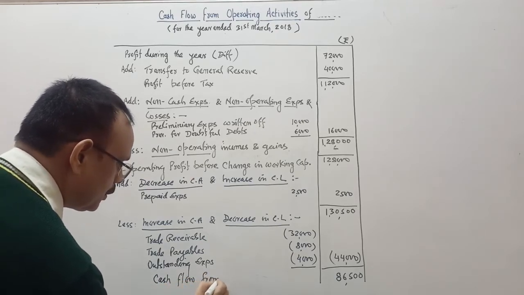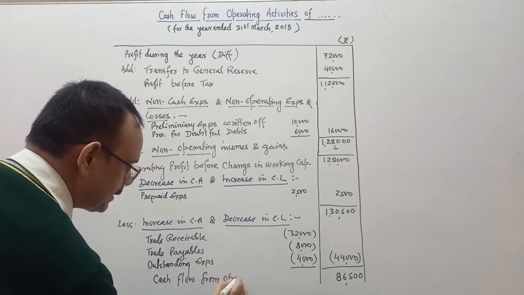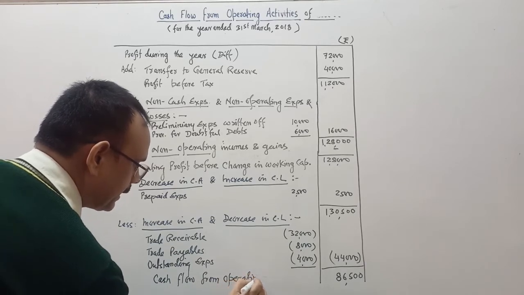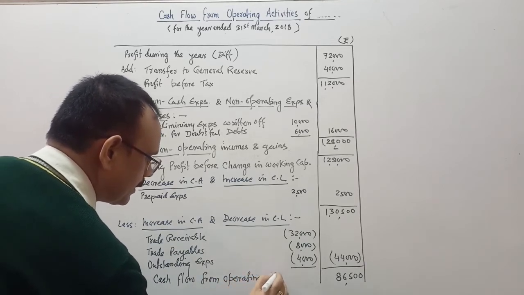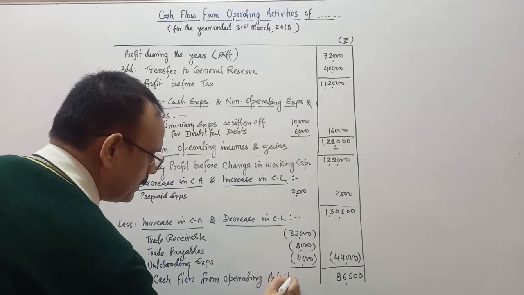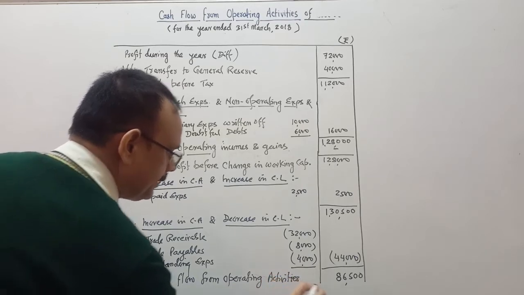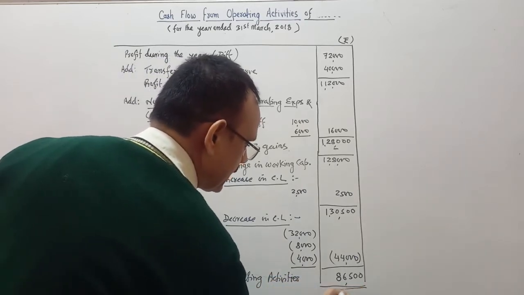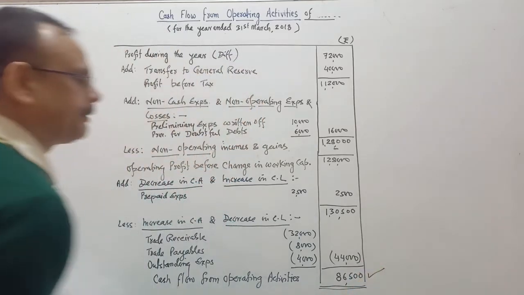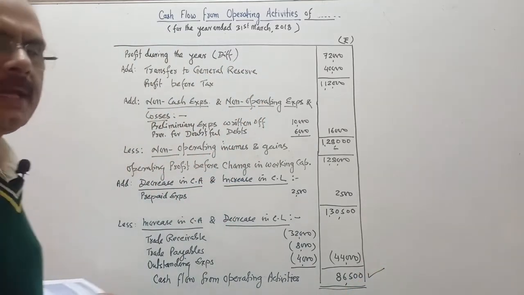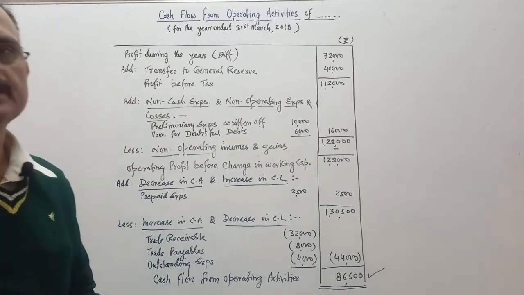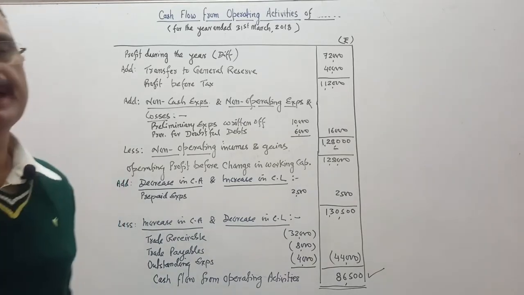from operating activities. Is it clear? This is the cash flow from operating activities. We have solved so many problems based on cash flow from operating activities.